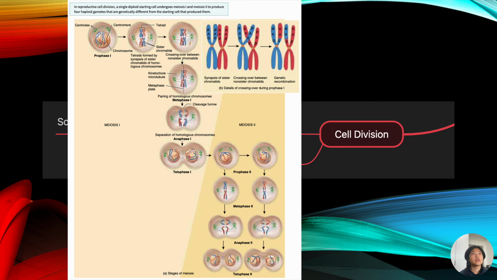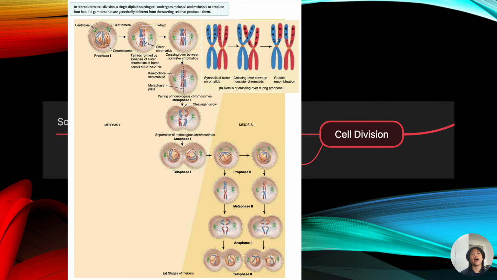So in the process of meiosis, for each pair of chromosomes, only one chromosome is needed, because you're giving this to your baby, right? You only give your baby one chromosome, and your partner gives your baby the other chromosome for each pair. So this is why we divide 2 times.